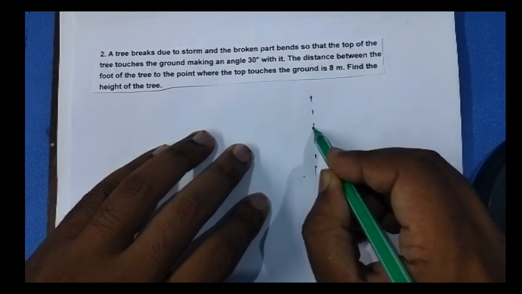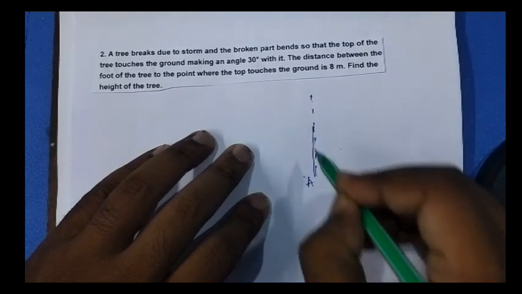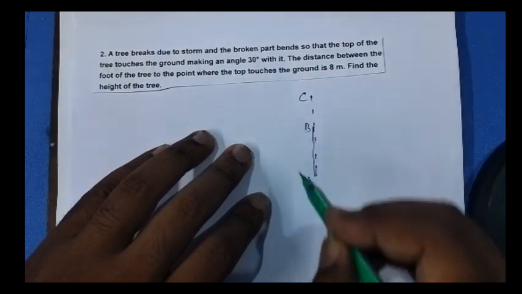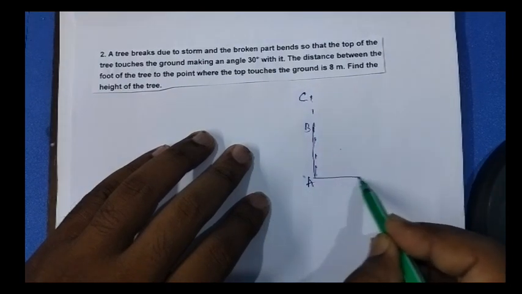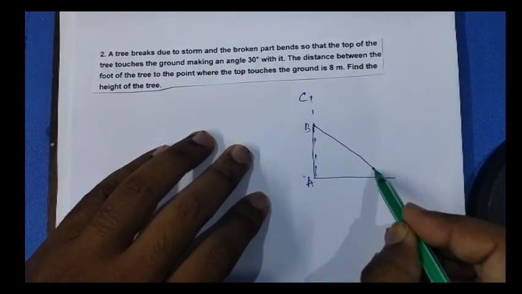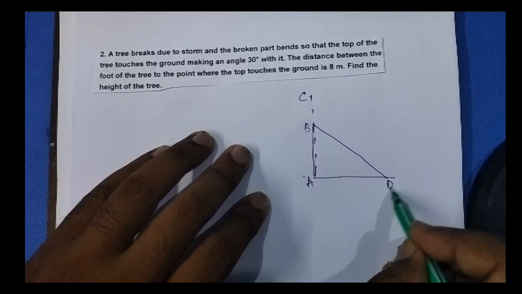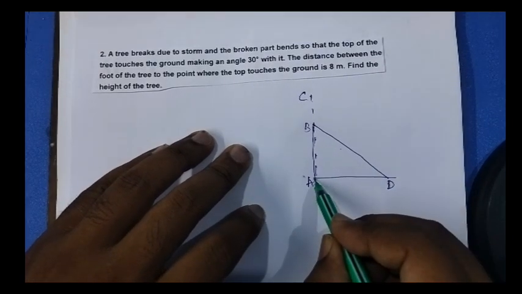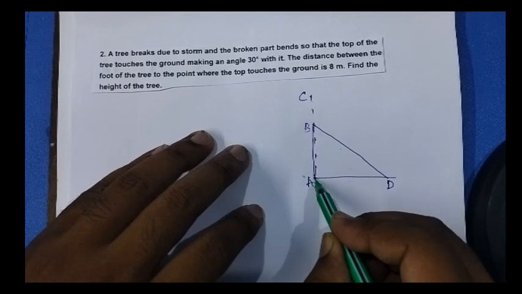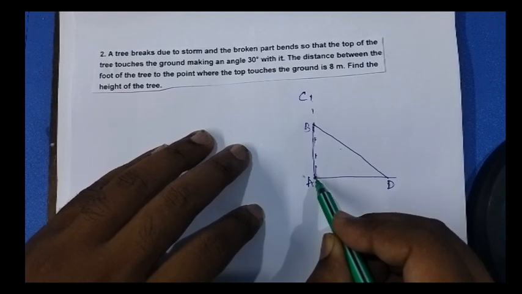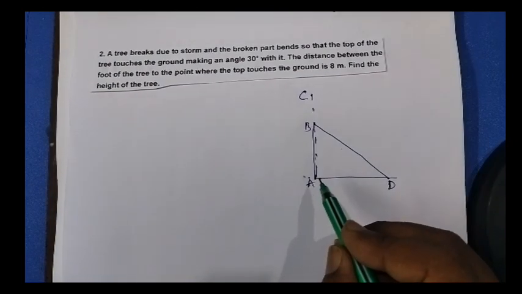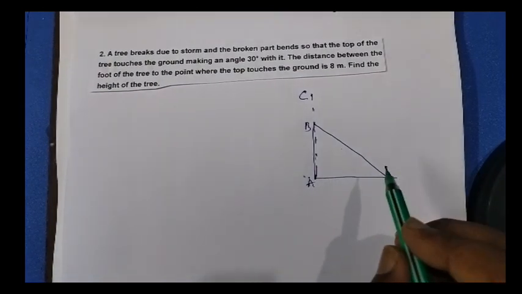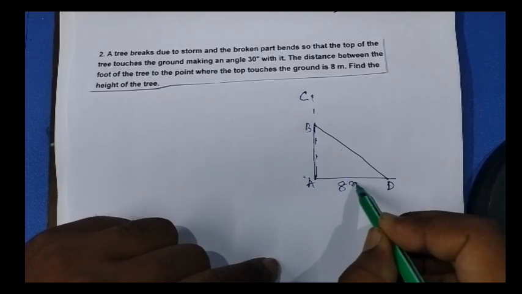So let's say ABC is the height of the tree. It is broken from B and touches the ground like that. That is D. And the distance between the foot of the tree and the point where it touches is 8 meter.